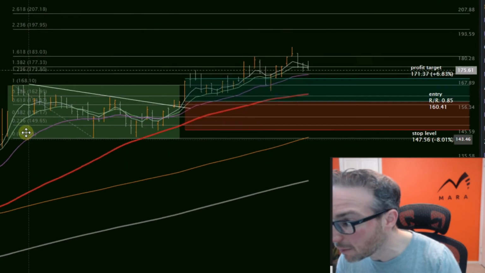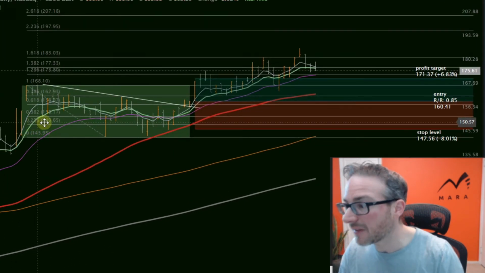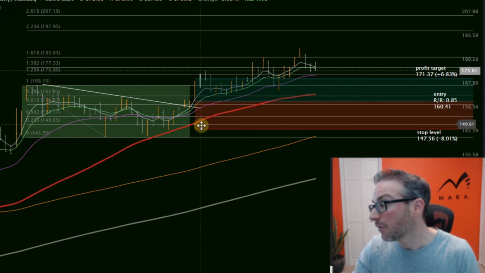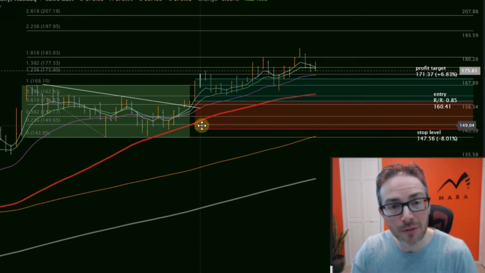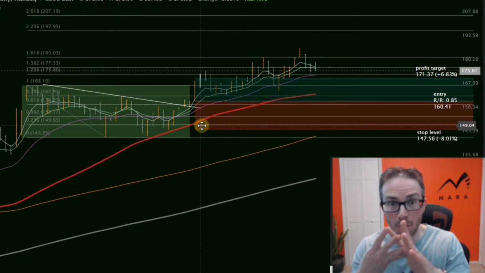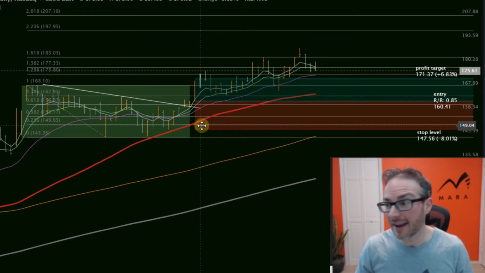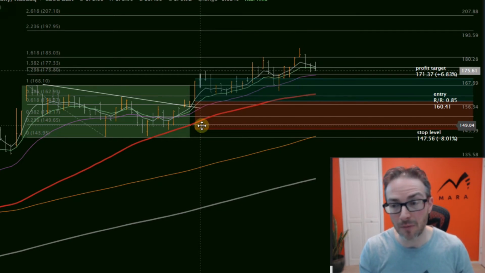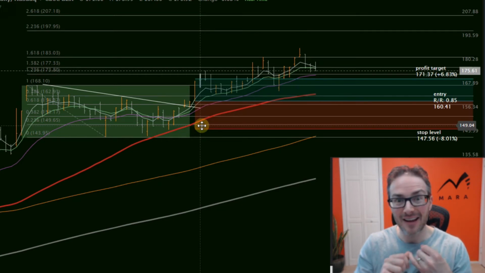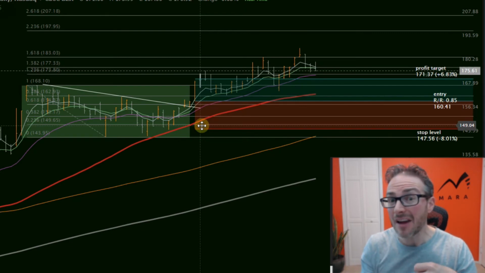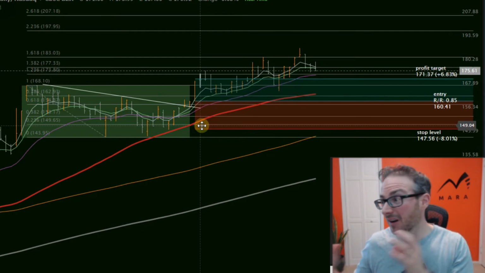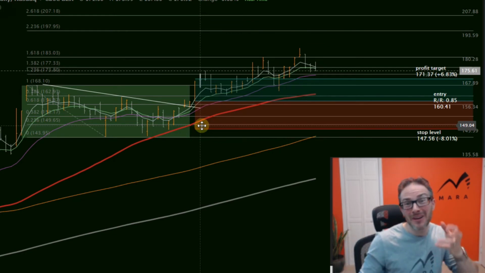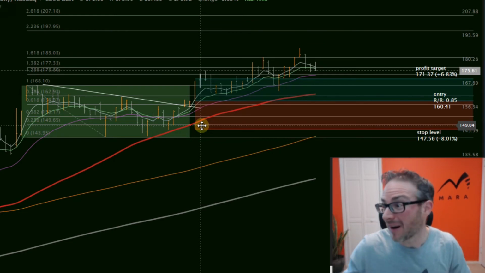If we zoom in a little bit, that 0.236 Fibonacci retracement level. So how many layers of confluence do we have, right? We've got 4 moving averages. We have a Fibonacci retracement level close by. We've got daily support, and we've got weekly support as well. Now, that is a lot to support price at that level.